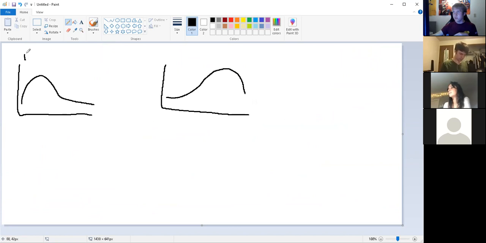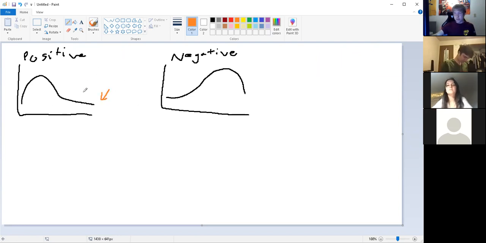So this one is the positive. The easy way that she explains in class is that the skew follows the tail. So this tail is on the positive side of the graph, and this tail is on the negative side of the graph.